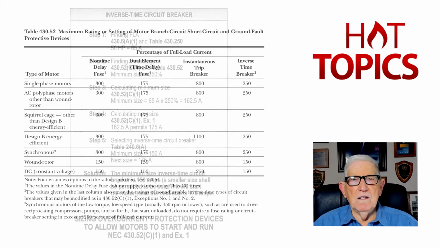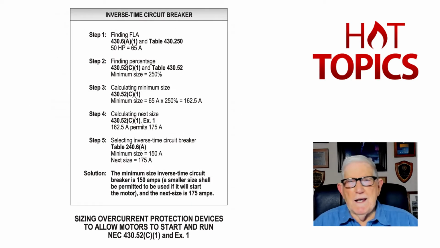So the next illustration that we're looking at, notice step 1, we went to 430.6A1 and table 430.250. The 50 horse is 65 amps based upon 460 volt three-phase.